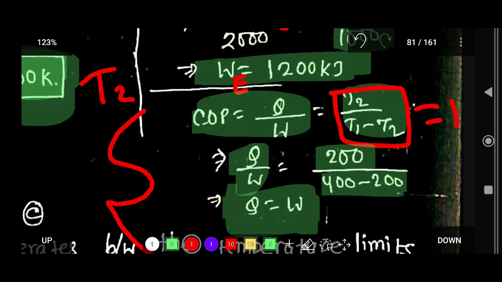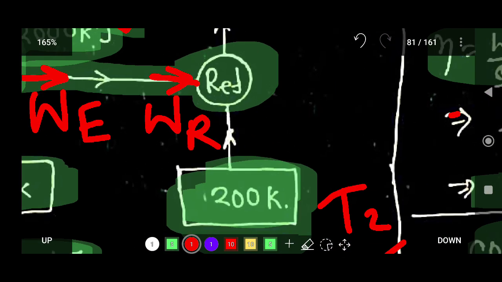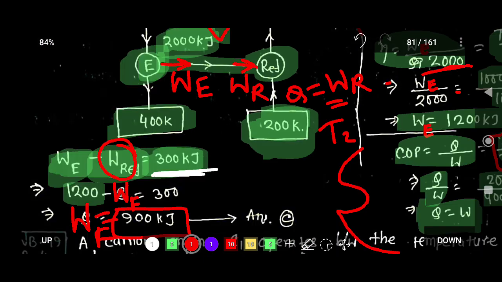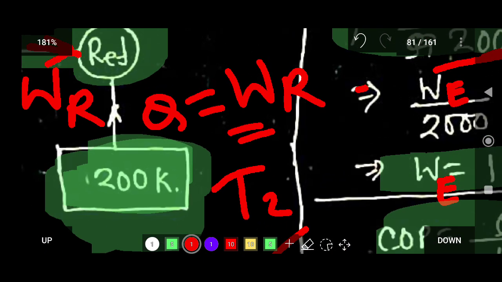Now if you want to calculate the amount of heat which is absorbed from the 200 Kelvin temperature, that is equal to basically WR. What is WR? That is equal to 900 kilojoule.